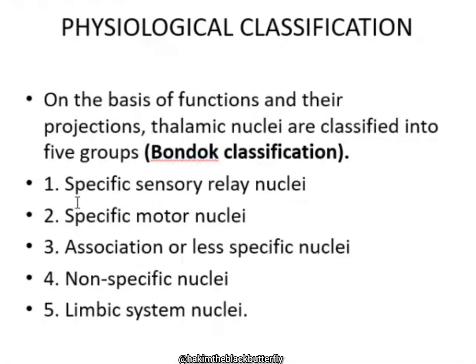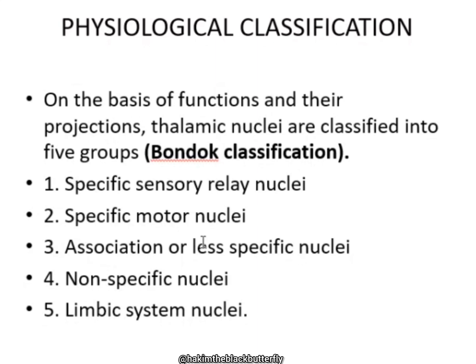When they say specific sensory relay nucleus, it means that these nuclei only receive sensory stimuli. Specific motor nuclei, these nuclei of the thalamus only receive motor stimuli, which are on their way, of course, to the cerebrum.